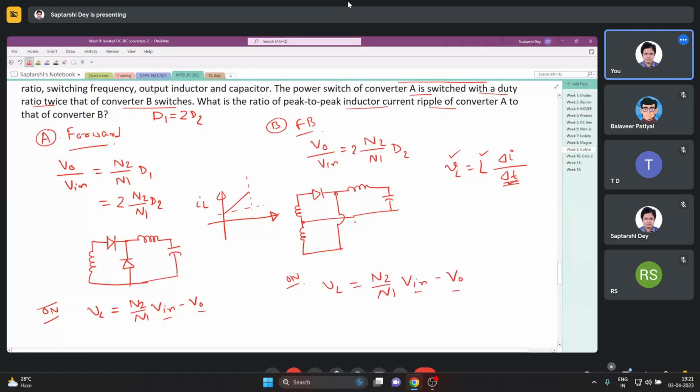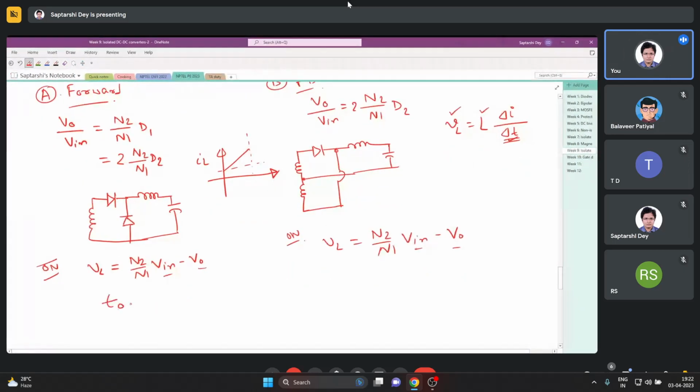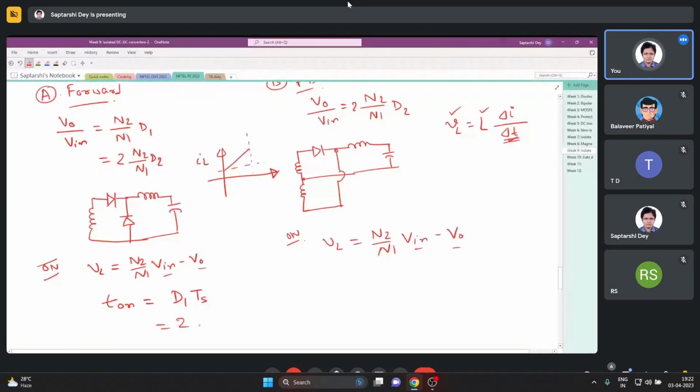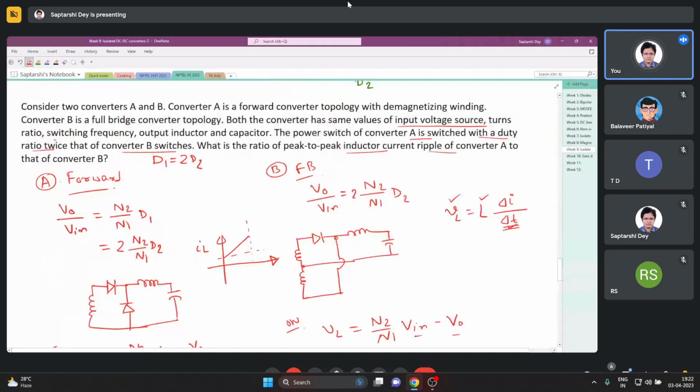So the inductor which gets more time for the current to rise will have larger current ripple. Now you see, in this case the on time t1 is D1 Ts, that is 2 D2 Ts, and for this case it is D2 Ts. Ts is the same because they have said that switching frequency is the same.